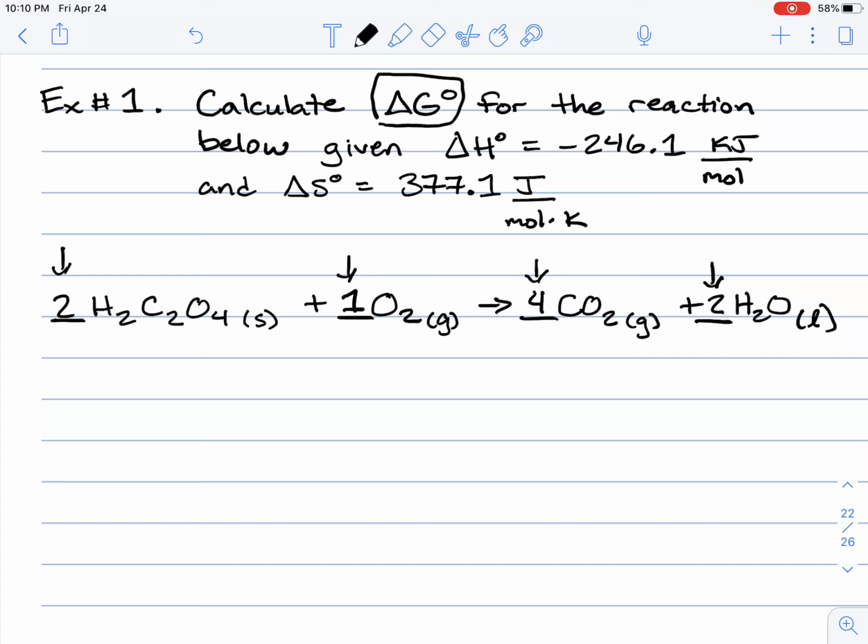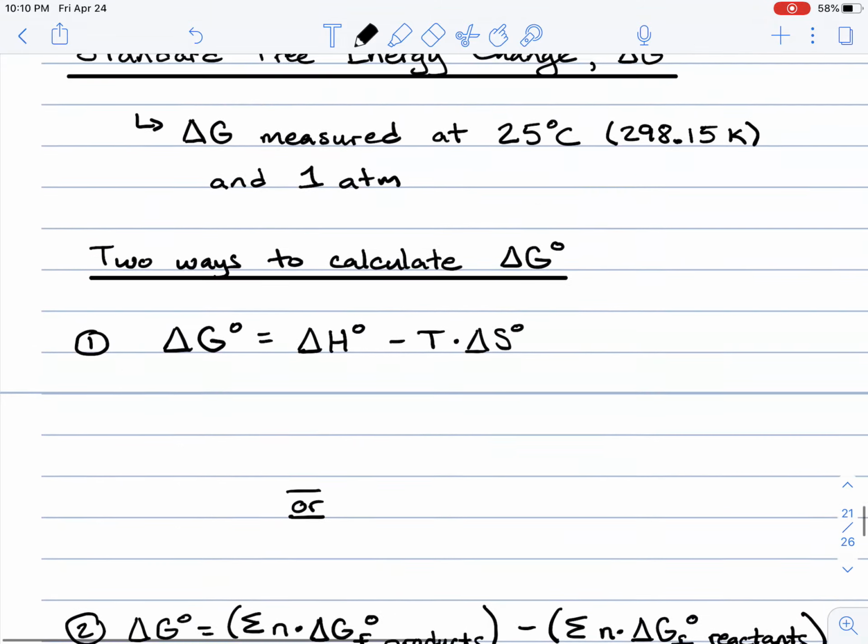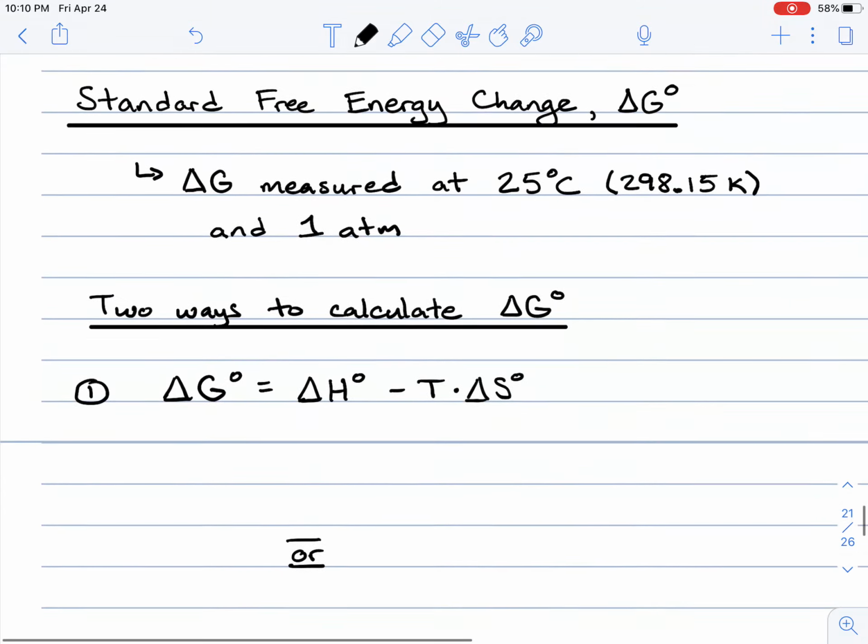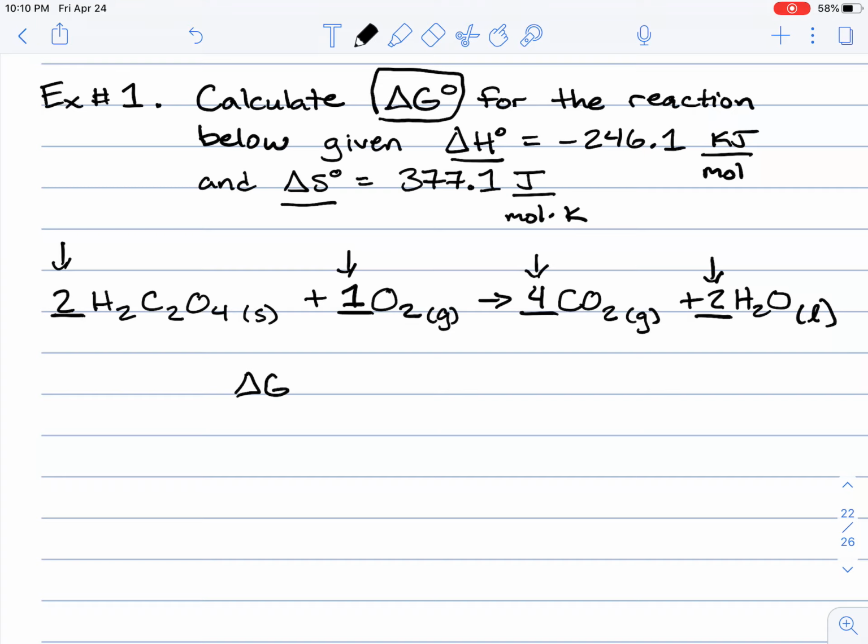In this scenario, we're already given the enthalpy value and the entropy value. And so it only makes sense for us to use the first equation, where the change in standard Gibbs free energy is equal to delta H naught minus T delta S naught.